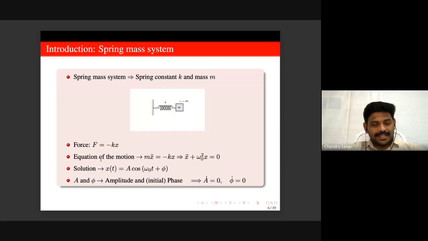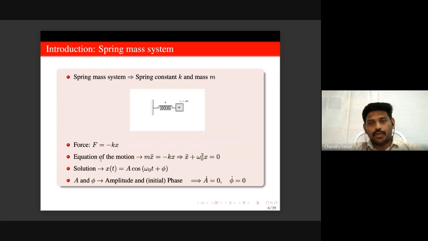In order to answer this question, let us consider a spring mass system with a spring constant K and mass M. If you introduce a small perturbation, the system executes a harmonic oscillation about the equilibrium position. In order to find the dynamical equation for the system, the best way is to identify the force acting on the system.